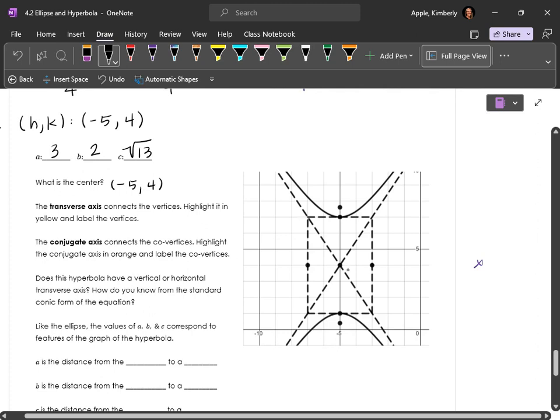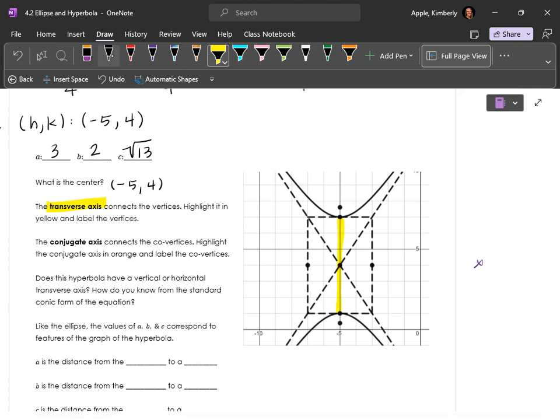Now look where the center is in a hyperbola. It's right there. I'm not going to bother putting that there because I feel pretty confident that we can remember where the center is. So now, the transverse axis connects the vertices. Highlight it in yellow and label the vertices.